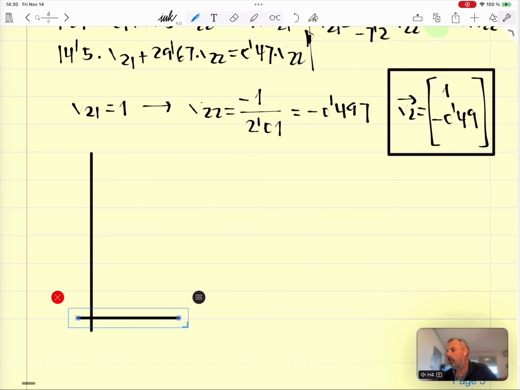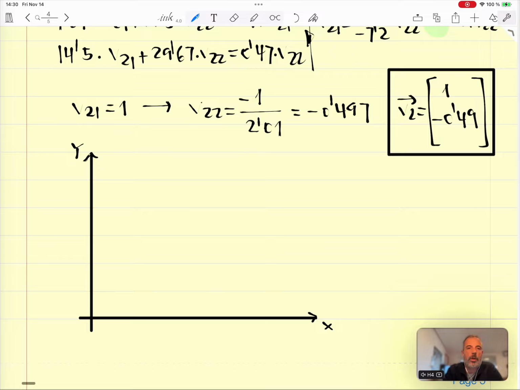let's say we have here x and y, and we represent the data like, where do I have the data here? Somewhere here.